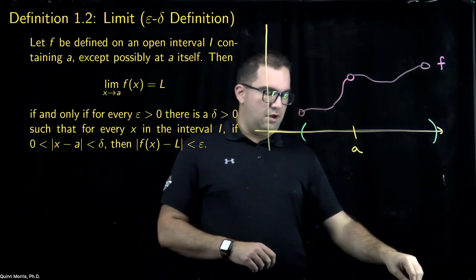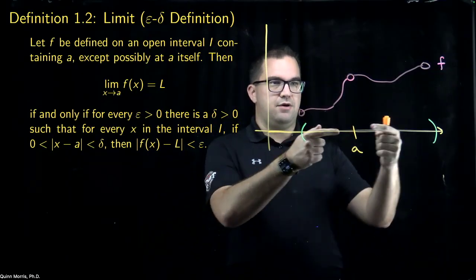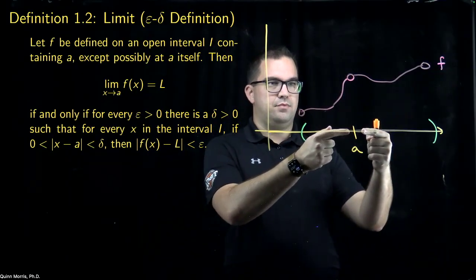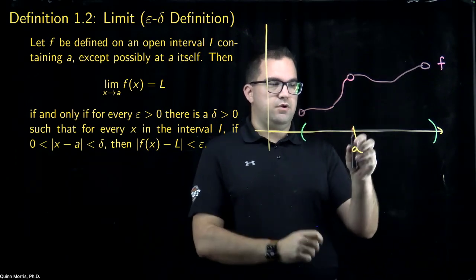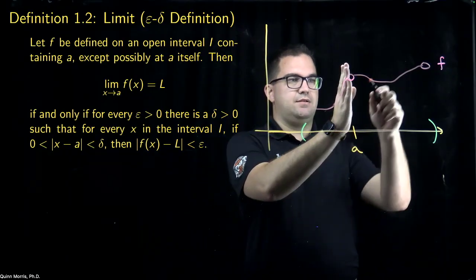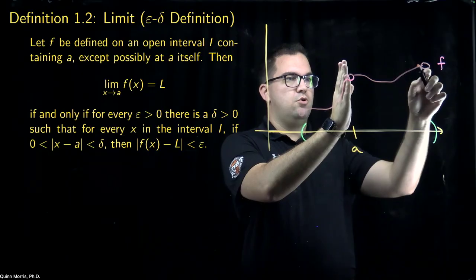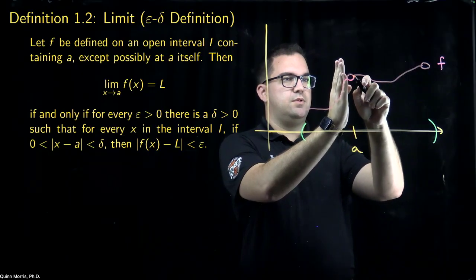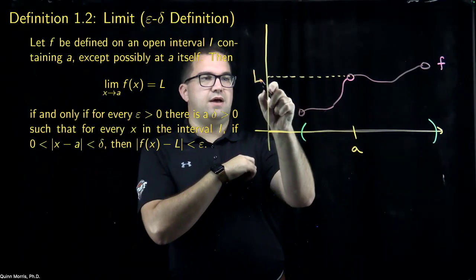Now, graphically, I want to think about, as my x values get close to a, what's happening to my function values. So if I imagine, on each side, I have this wall that I'm approaching, I look at what's happening to my function values. Well, from this side, my function values seem to be approaching this value.